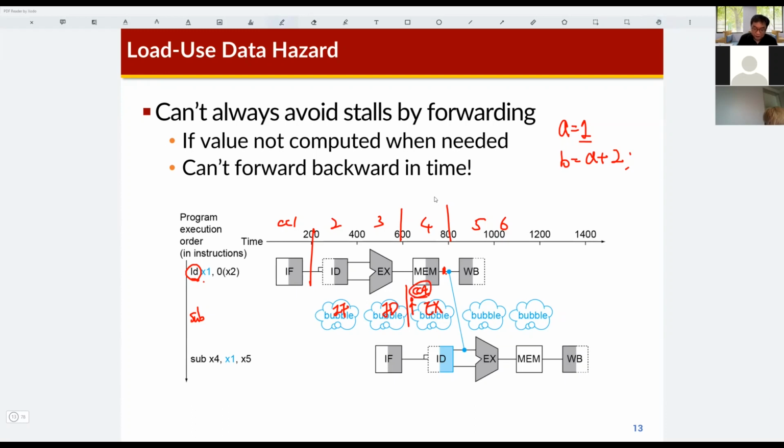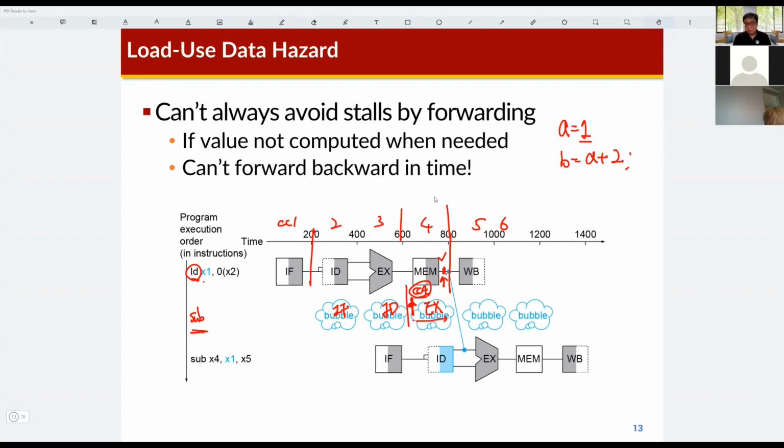But at this timing, the data is not ready. Why? The data will be generated at this later timing, which is the future of this timing, right? So this data cannot be used by this sub instruction during CC4.